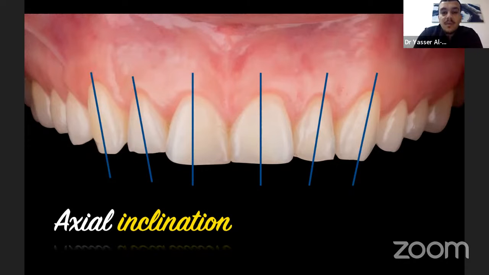So when we make a smile design, we consider that the axis of the tooth is not straight, because if we make it straight, we give a straight smile line, not a positive smile line, and we will talk about the smile line.